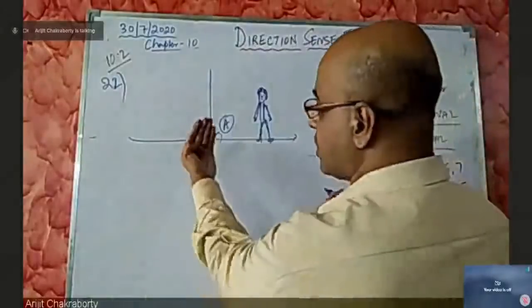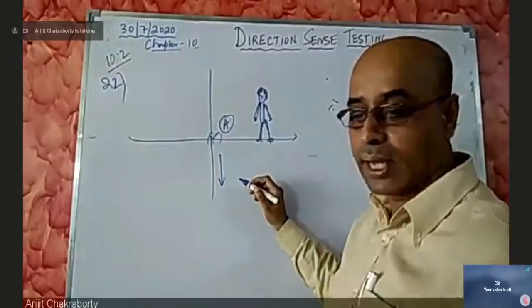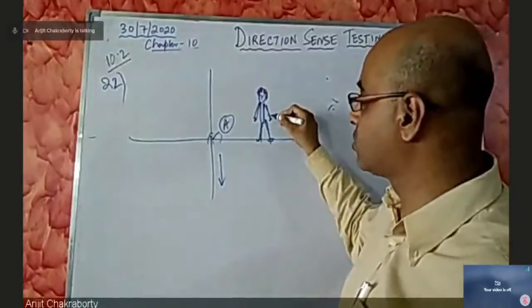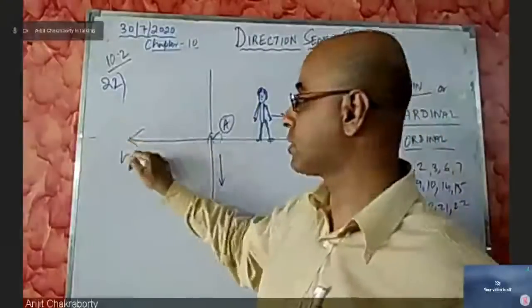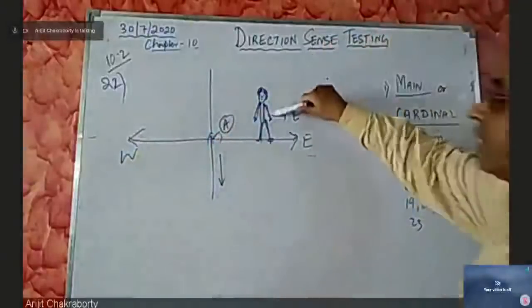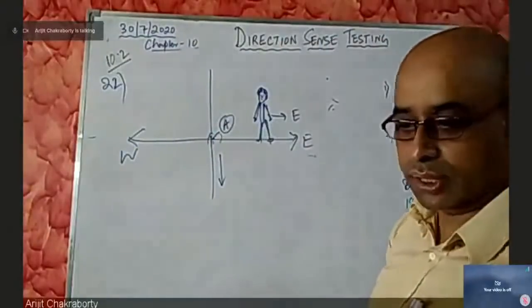So when you are facing south, like for example facing this direction, right, and your left hand will actually face towards east. This is east. This is west. He's standing here and his left hand is facing east. Okay, no doubt about it.